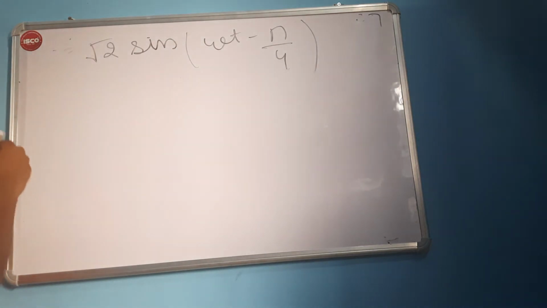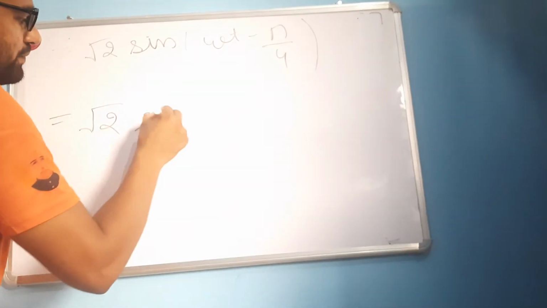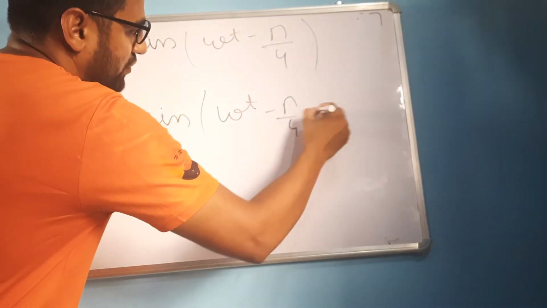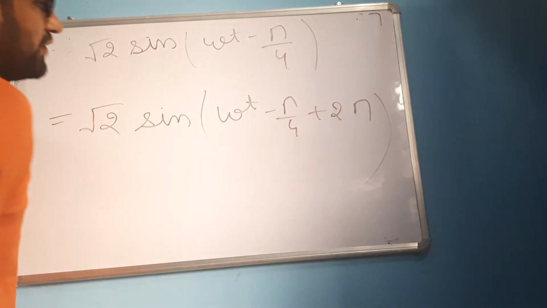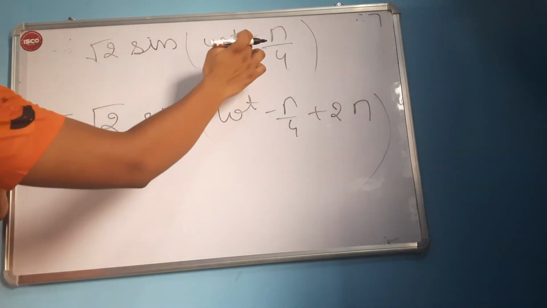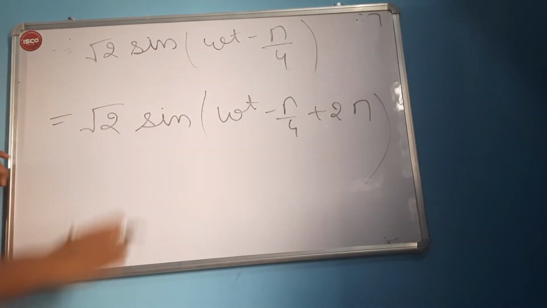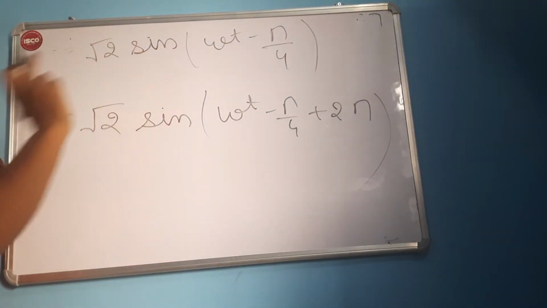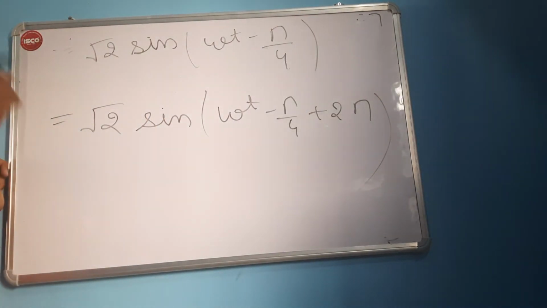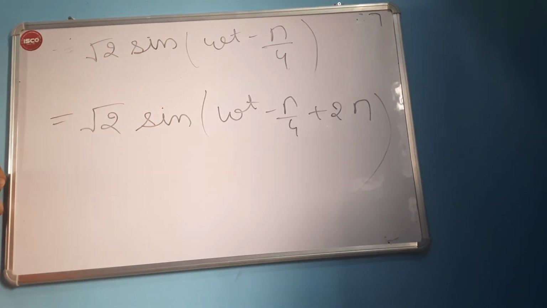So we have 2 pi here in this function: root 2 sin(omega t minus pi by 4 plus 2 pi). After adding 2 pi, these functions are equal because after an interval of 2 pi sine repeats itself, so both are equal. So this shows that our motion is periodic motion and this function is representing periodic motion.